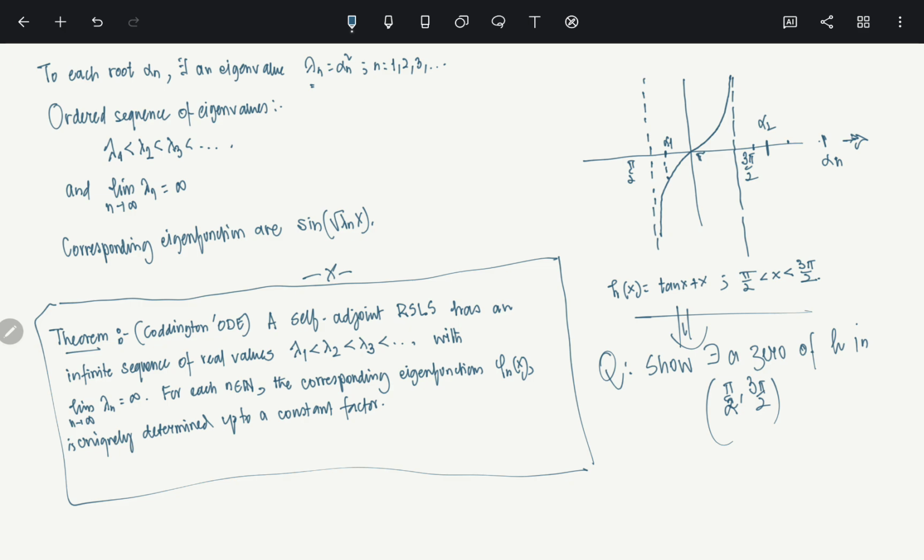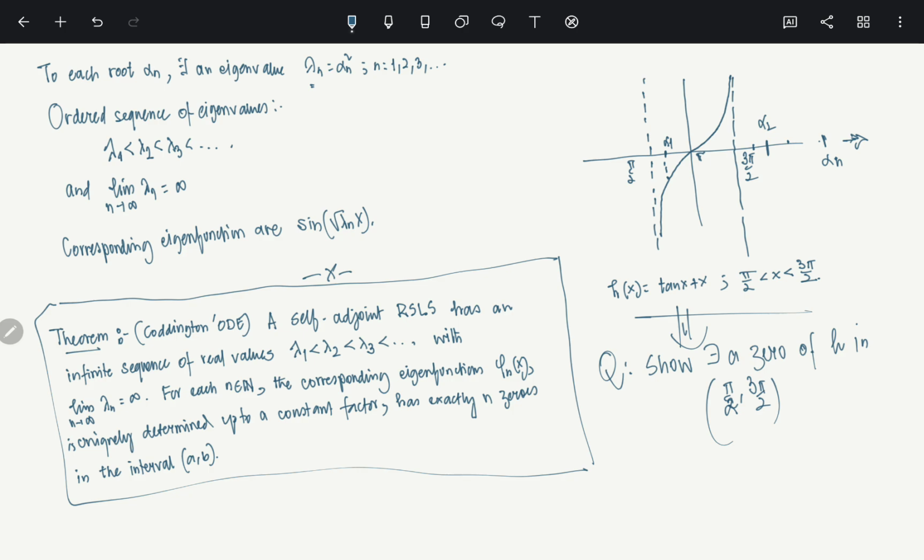Another thing very important. Let us talk about this: can we say something more about these eigenfunctions phi n? Yes, we can. What we can say is that phi n has exactly n zeros in the interval (a, b). Clear?